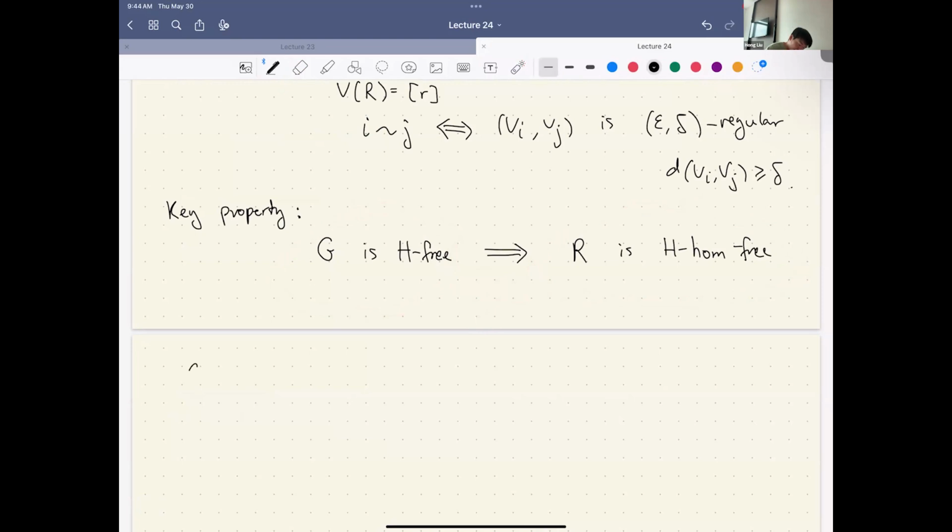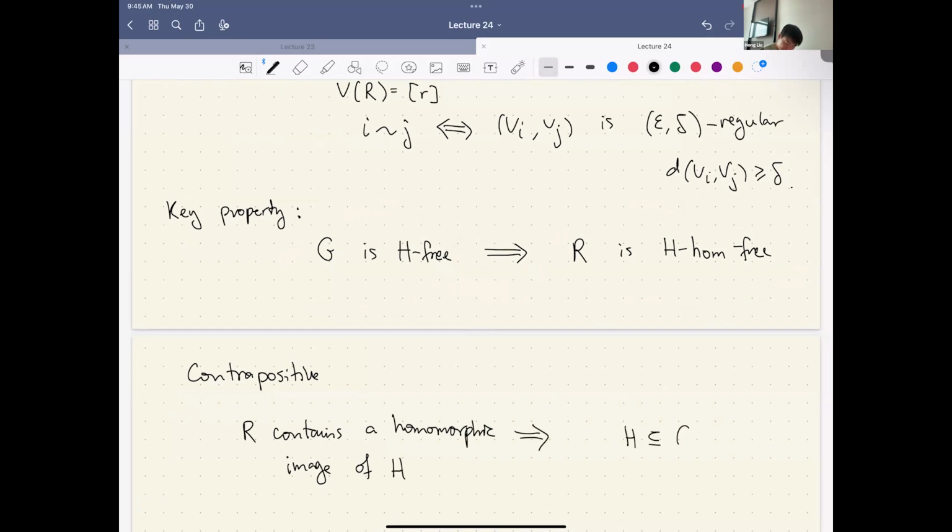So the contrapositive will be: if R contains a homomorphic image of H, then G contains a copy of H. That's the contrapositive.